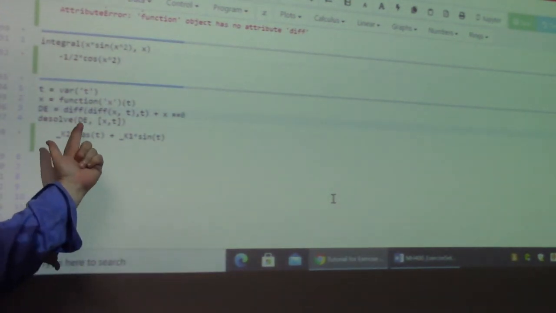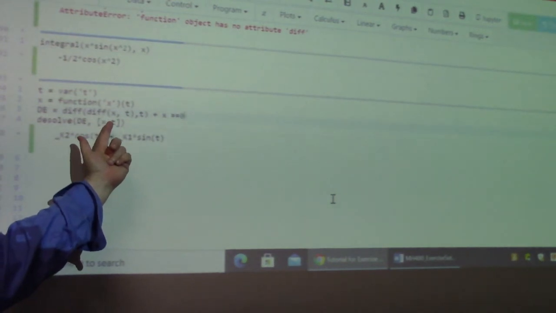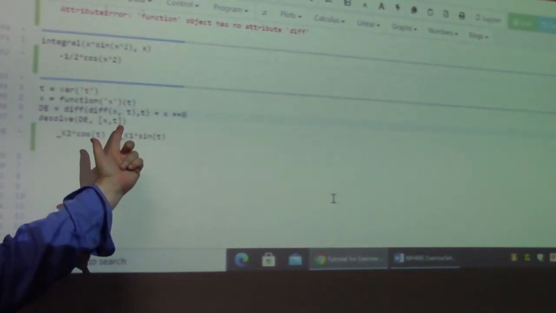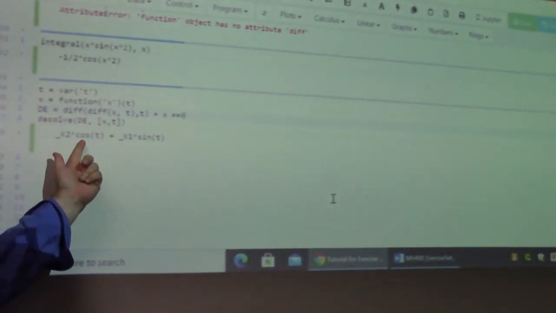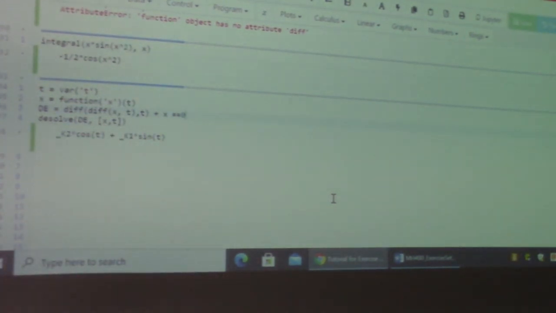Solve this differential equation. X is the dependent variable, t is the independent variable. Solution: some constant times cosine plus some other constant times sine, which is what I mentioned earlier and we found with Wolfram Alpha.